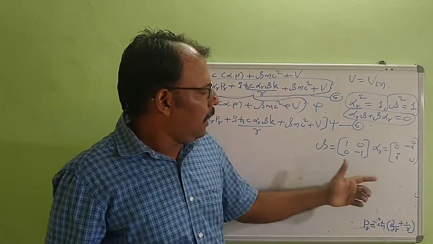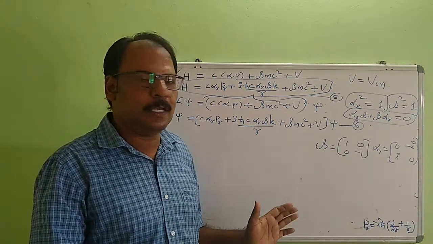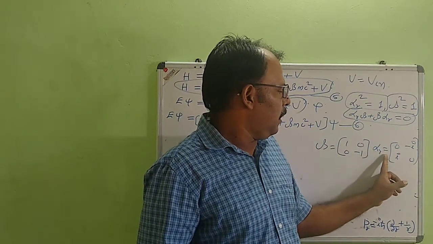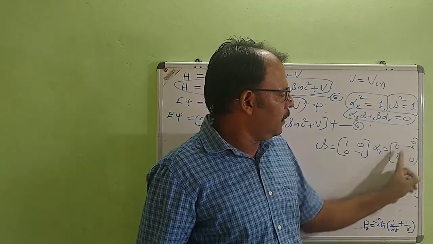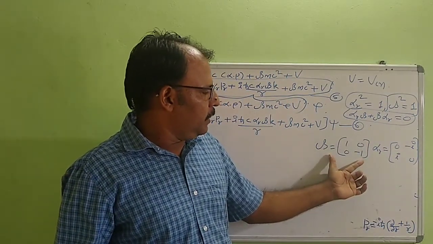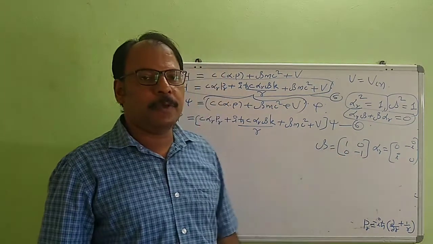So alpha R and beta, we can assume them as 2 by 2 matrices, and beta we are taking as 1 0 0 minus 1, and alpha R as 0 minus i, i 0. Beta square we have already shown, when you take beta as this matrix, its square will be 1.